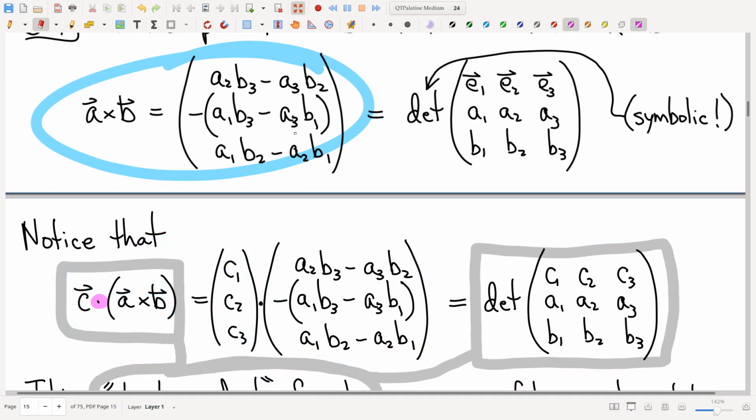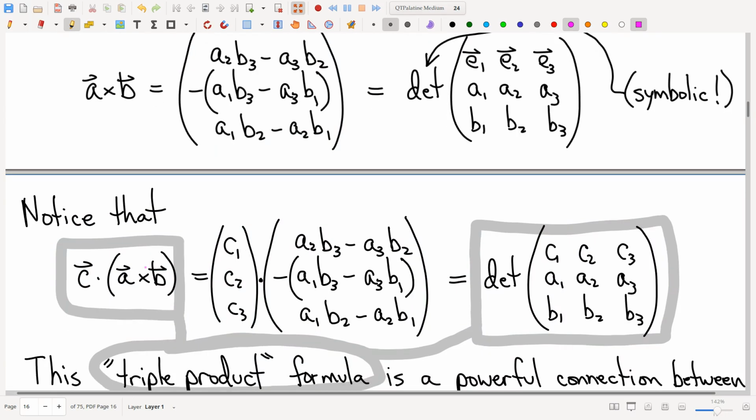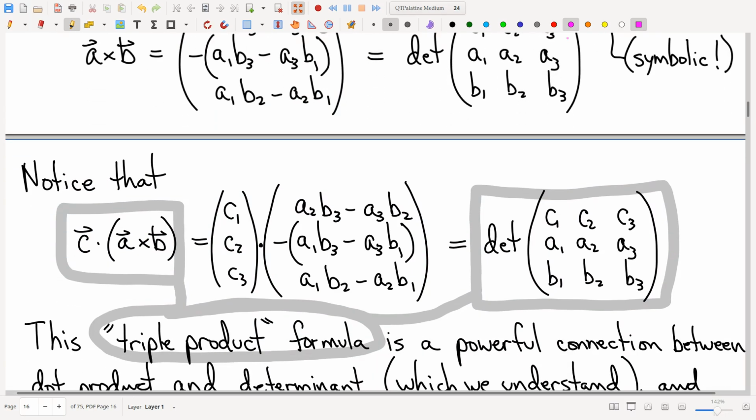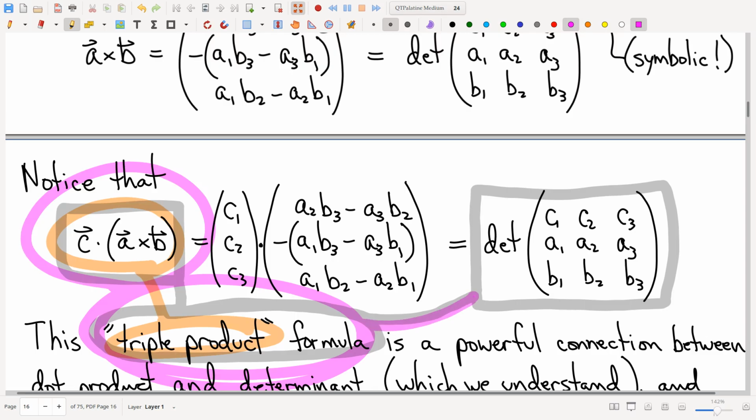This expression here is called a triple product. The reason we care about the triple product formula is because it relates something that we don't understand to some things that we do understand. We do not really have a good understanding of cross product. Where did this formula come from?